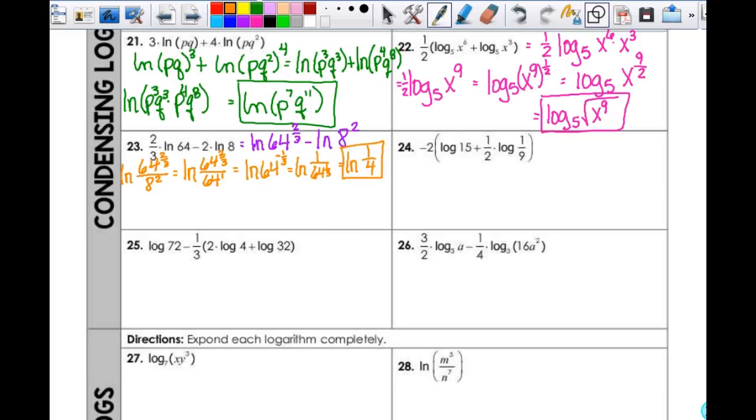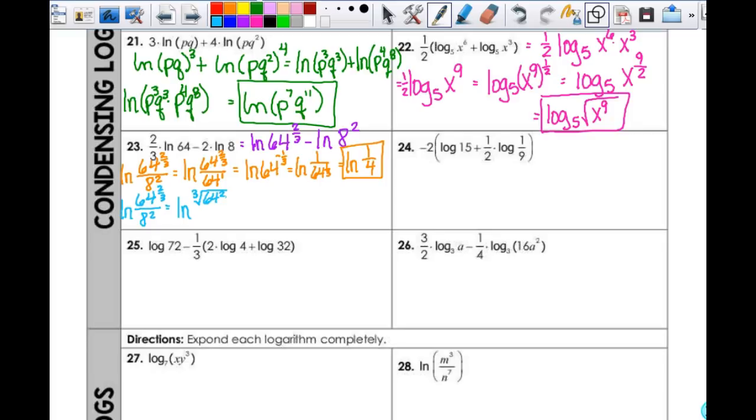That's one option. The other option is going ahead and taking care of the exponents at the beginning here. So when I condense it, I get the natural log of 64 to the 2/3 power over 8 squared, right? So let's just go ahead and evaluate the numerator and the denominator here and get the natural log. Well, 64 to the 2/3 power is the cube root of 64 squared.